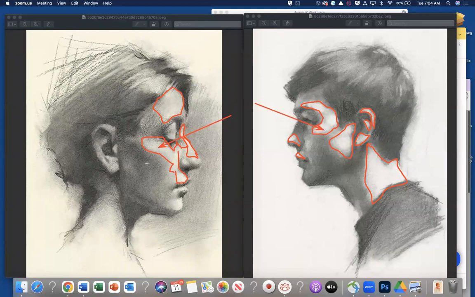And on the other side of the cheekbone is usually dark, which is right here. On the model on the left, the light is facing her face. On the model on the right, it looks like the light is somewhat backlit on the side, coming from this direction, whereas it's coming from this direction for her.